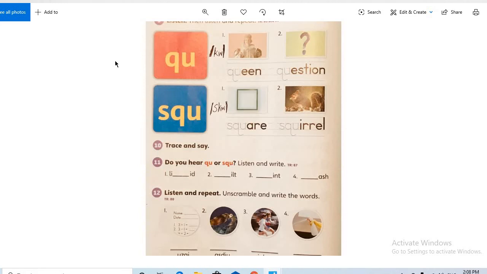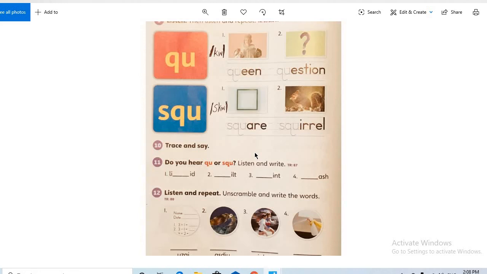Number 2, which 2 words name animals in the picture? Number 3, which animal squirts liquid ink? Look at the picture. Write the answer in your notebook.